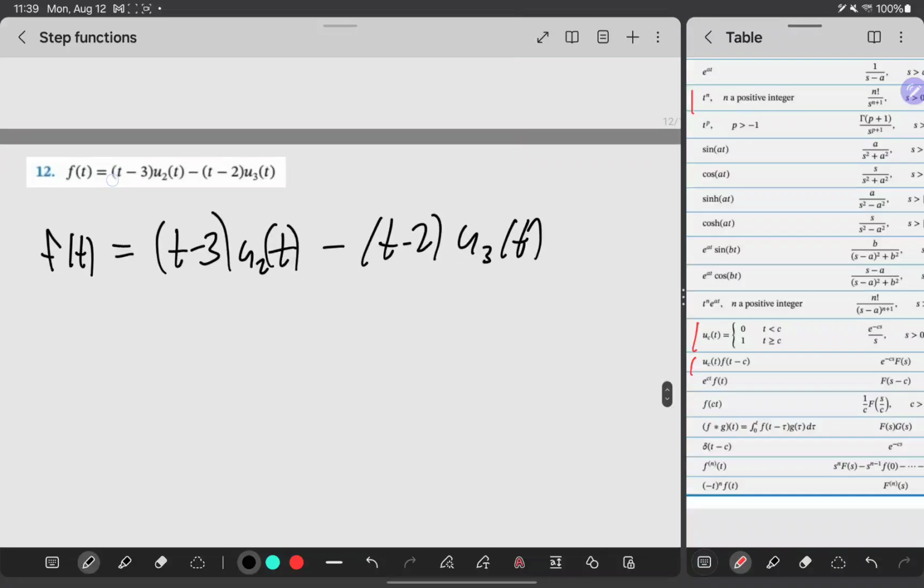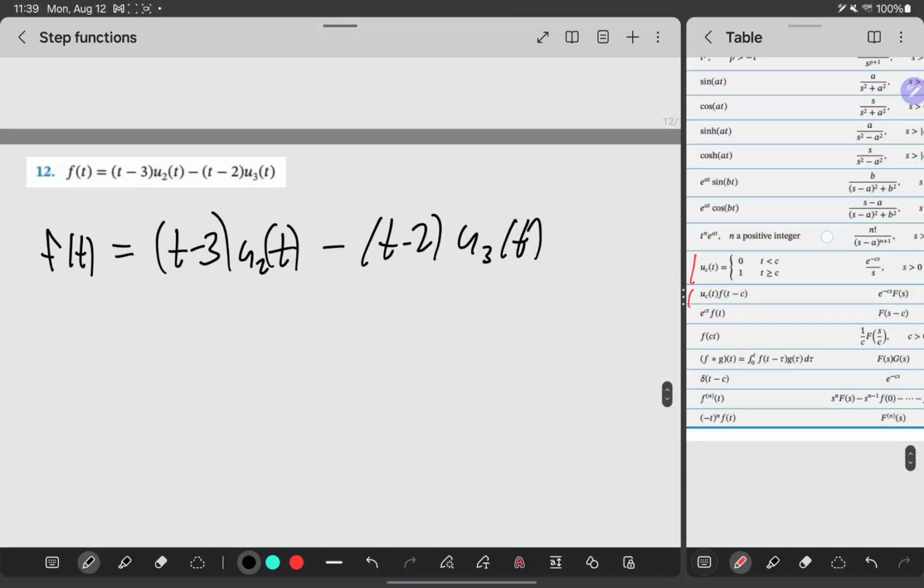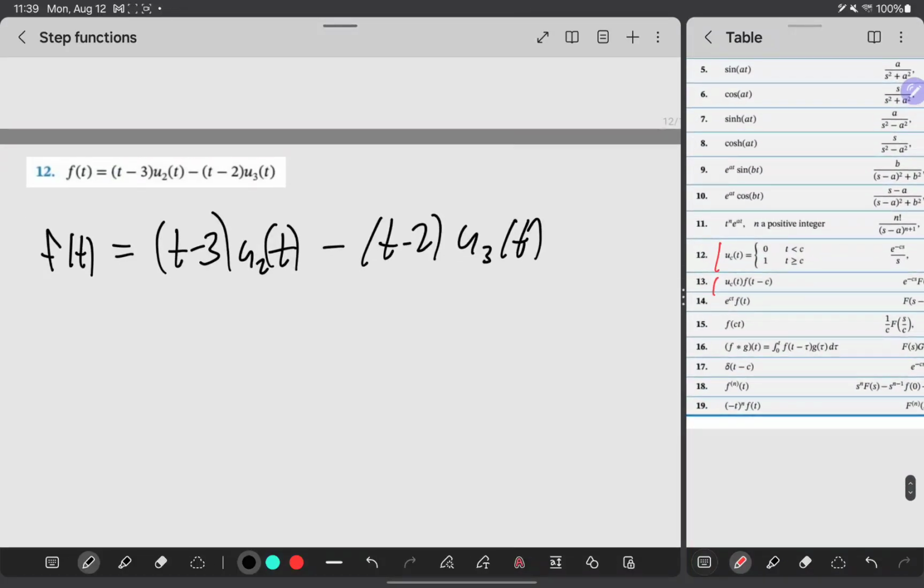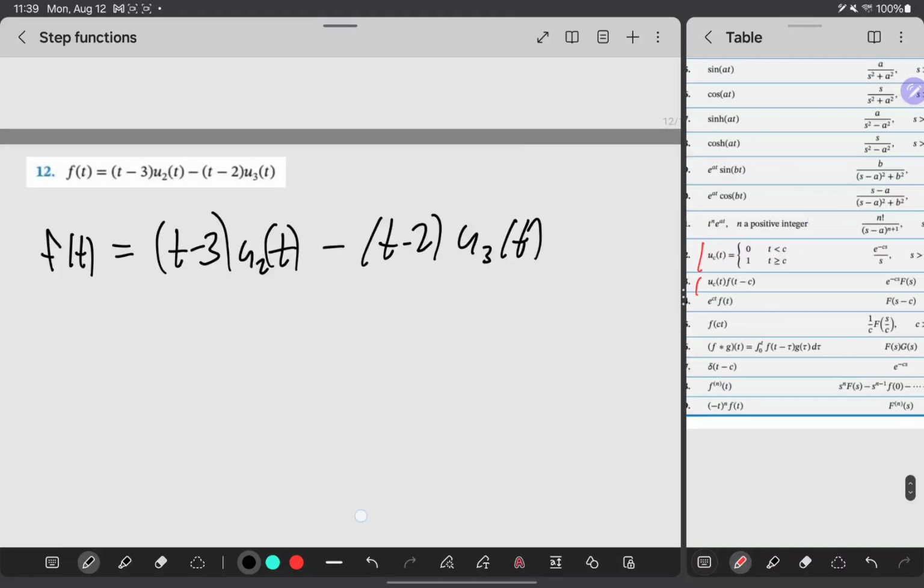Okay, so now we go back to the other one, right? So we'll have u of c of t times f of t minus c. We have the t there, right?